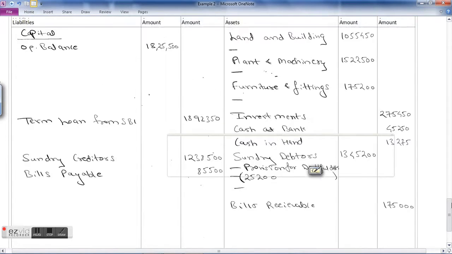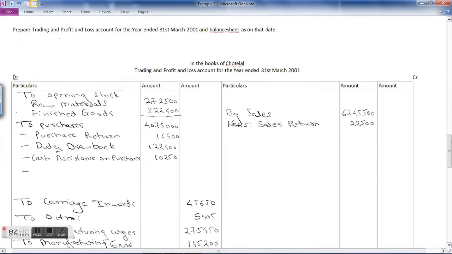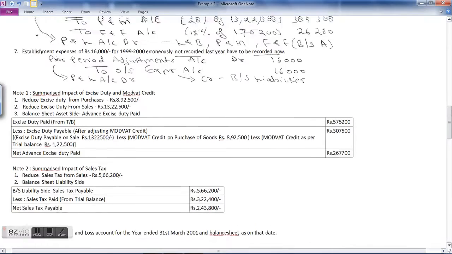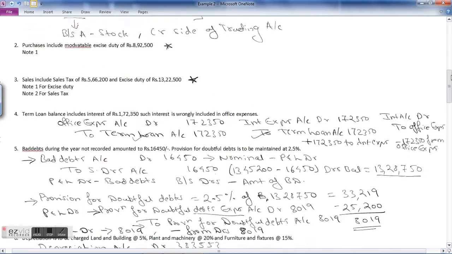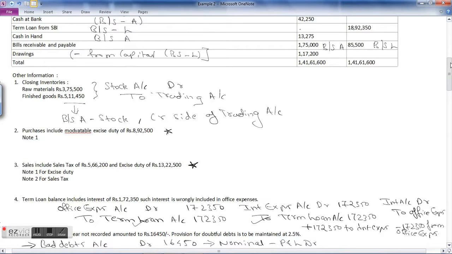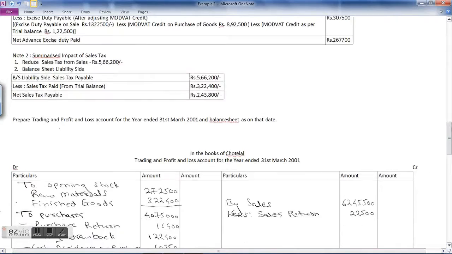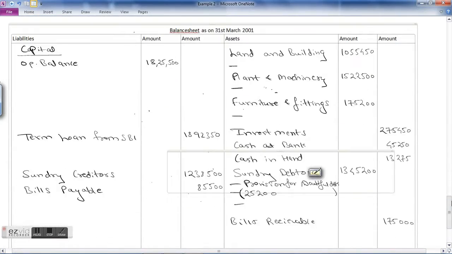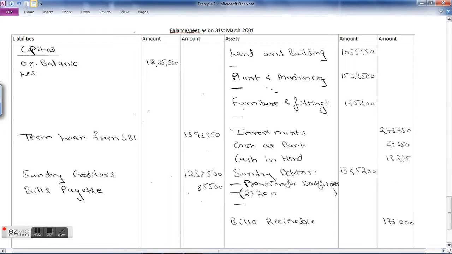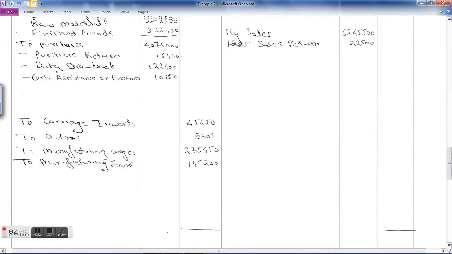Okay, then the next one, drawings 1,17,200. We have to reduce it from capital. Less drawings 1,17,200. Okay, so in this way we have completed all the items in the trial balance.